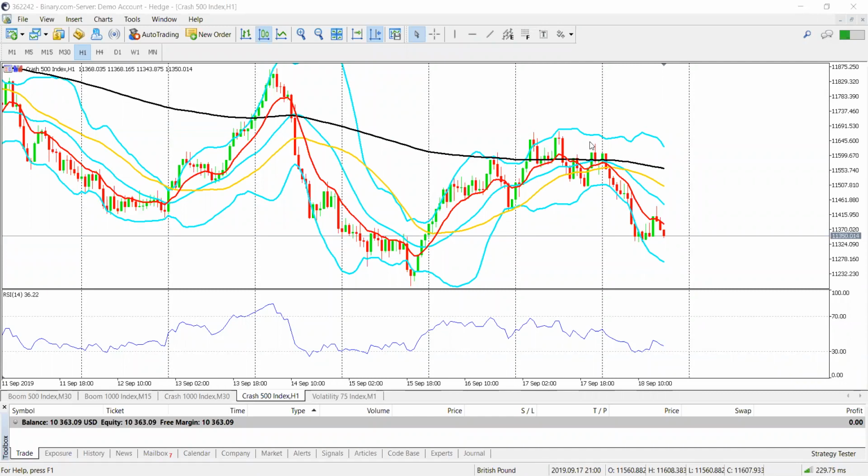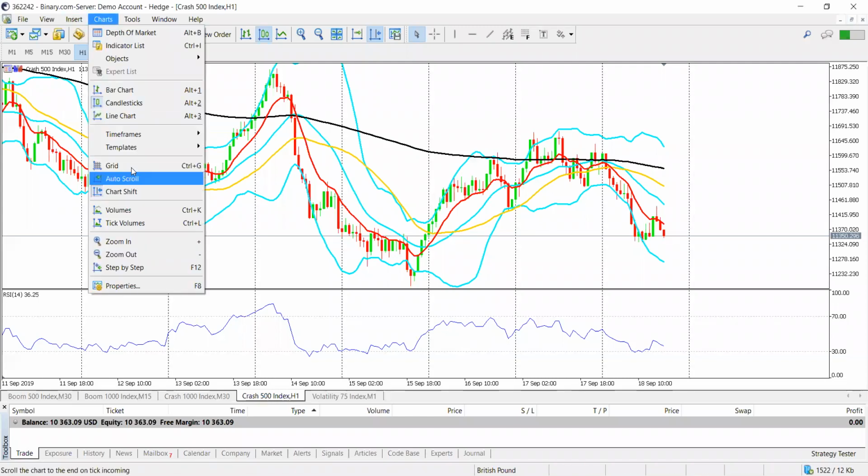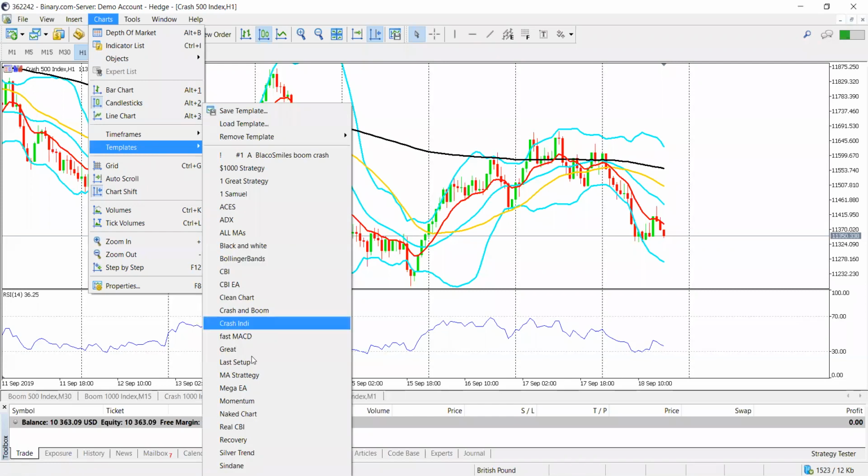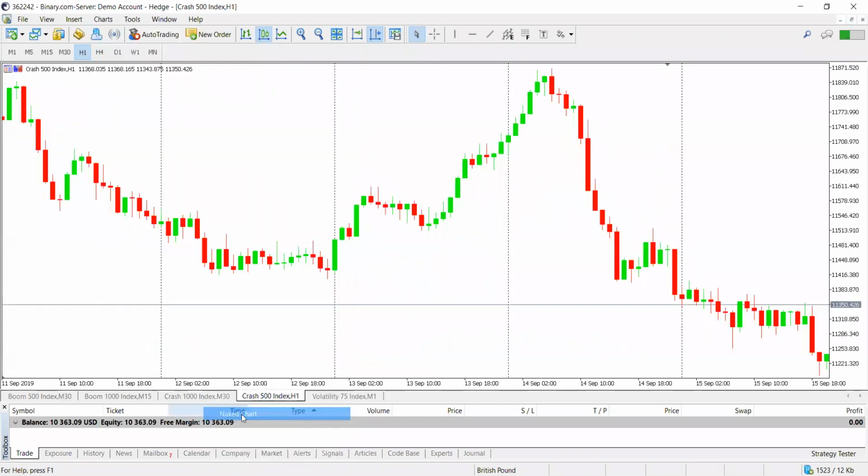I will not be using a lot of indicators today. So let's quickly go on the charts and do our naked chart. Now we have our naked charts on Crash 500.